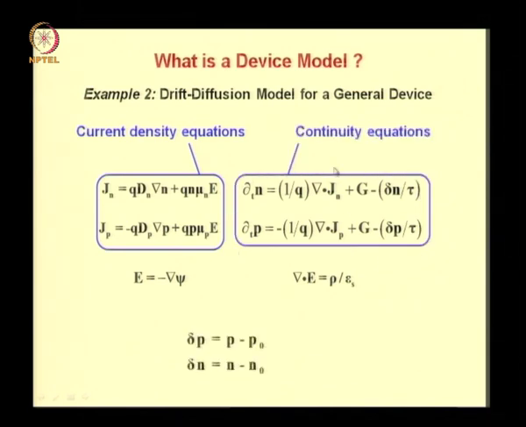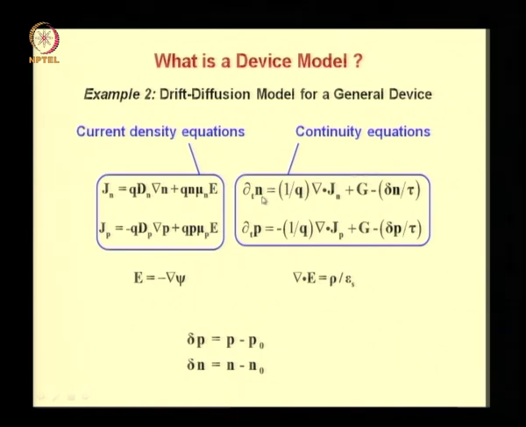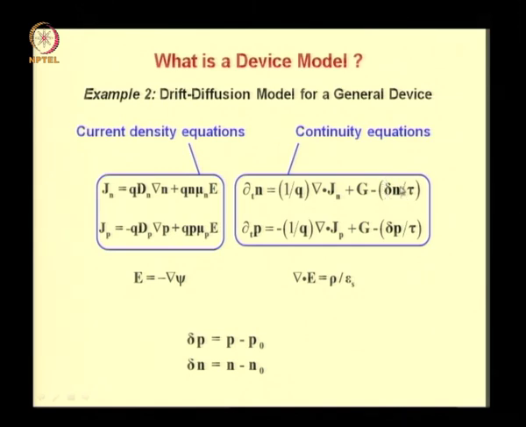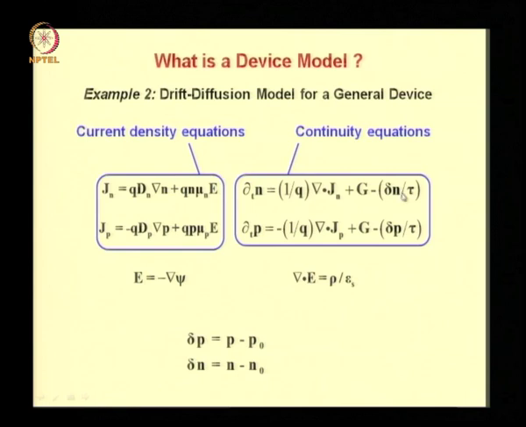These 2 equations are called continuity equations. For example, for electrons, it is dou n by dou t is equal to 1 by q into divergence of Jn plus g, which is the volume generation rate. This is excess generation because of light, because of avalanche multiplication and so on, minus the excess electron concentration by the lifetime of the region in which we are applying this continuity equation.